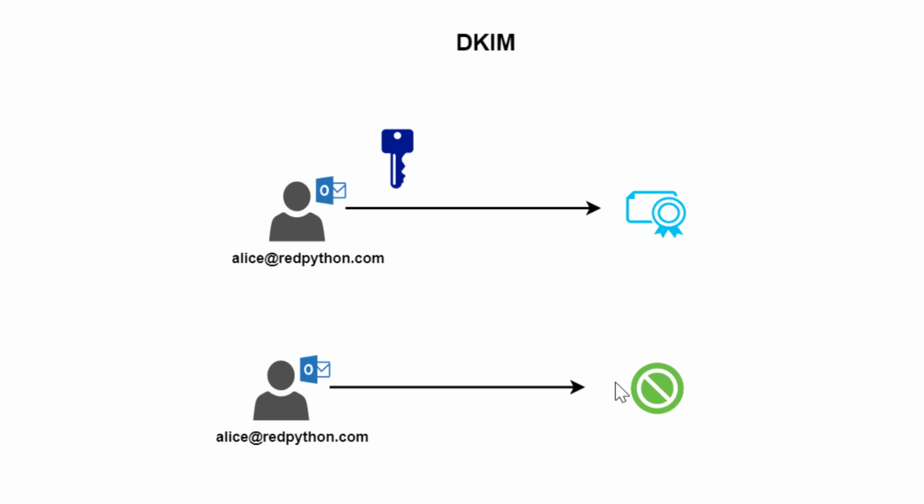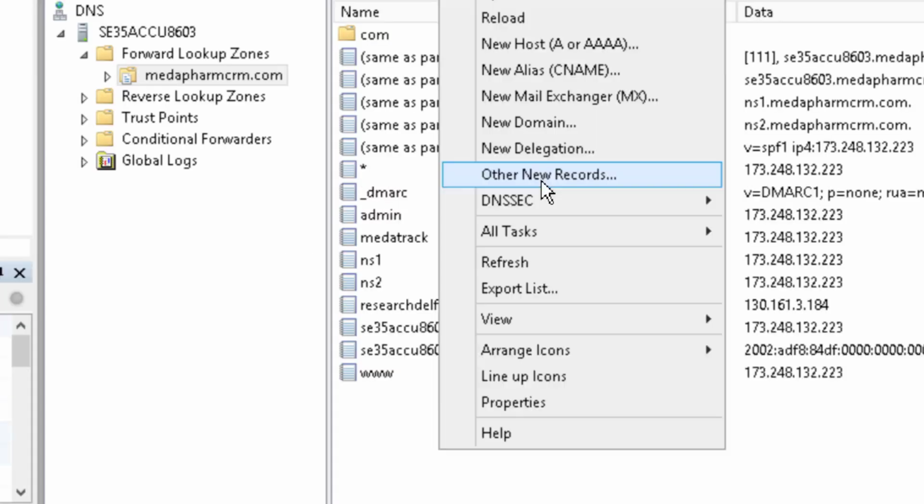So how can you configure DKIM on your server? It's easy. You first need to enable email signing from your end, and you need to install the public key on your domain as a text record. So let me show you here.